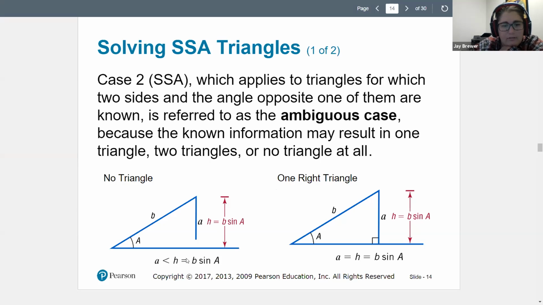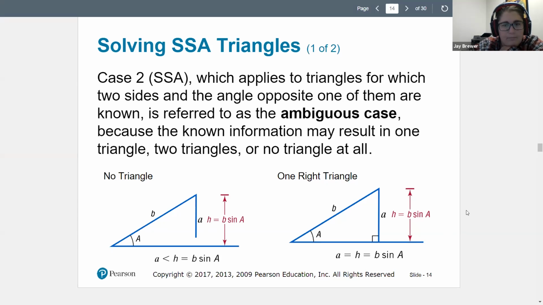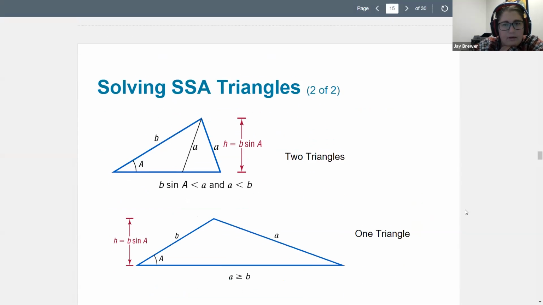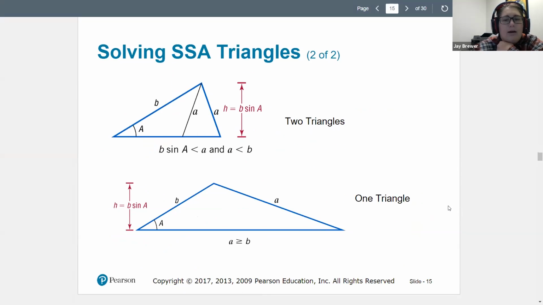If a is less than h, then we have no triangle. If a is equal to h, then we have a right triangle. And here are your two other options.